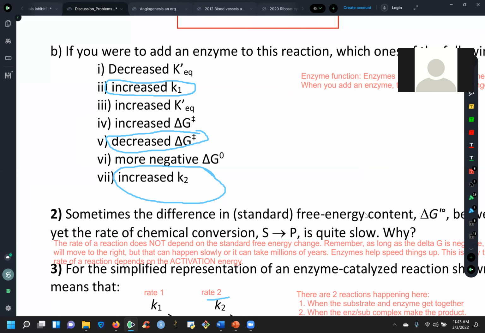Right? So if you add an enzyme, that makes sense. You're going to increase the rate. Does anybody remember what the function of an enzyme is? So increase reaction rates by decreasing the activation energy.